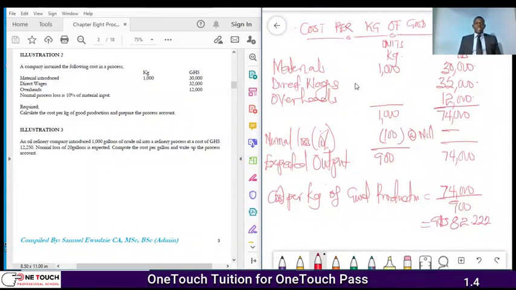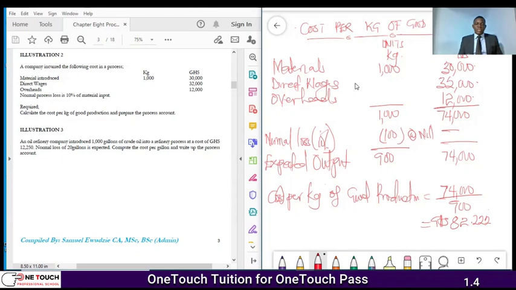So always it is the input into the process. If there's any loss, you deduct the loss from the units that were input into the process to get your expected output. If the normal loss were to be scrapped, then the scrap value would have been deducted from the total cost, because when we sell the scrap, we will get something. That should reduce the total cost of the 1,000 units, so that the 900 units from the process will not be overpriced.